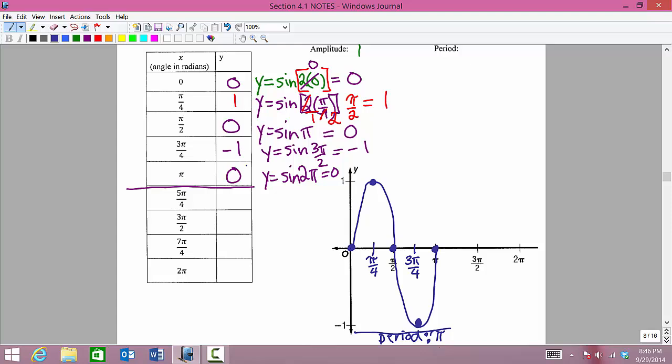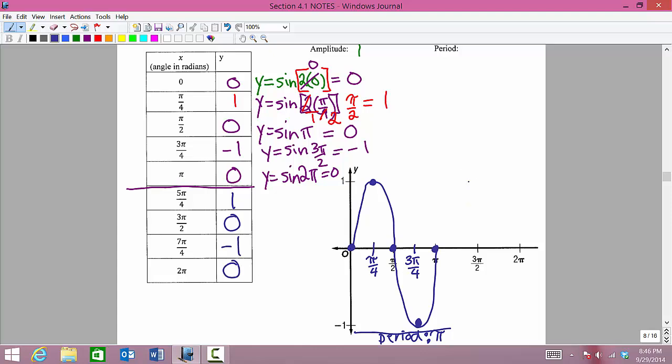Now if I keep going, I'm just going to repeat the same values. So if I double 5 pi over 4 and take the sine value of it, then I get 1. We double 3 pi over 2, take the sine value of it, I get 0. And then we get minus 1, and then we would get 0 again.